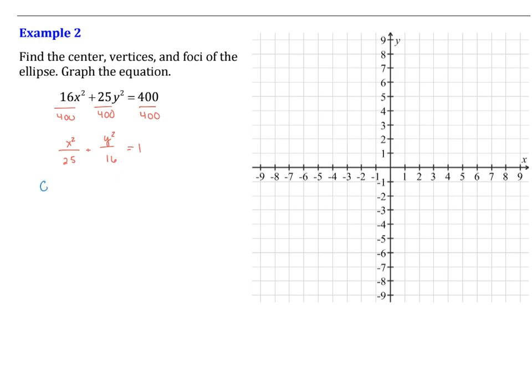So the center is 0, 0. And then from 0, 0, we're going to go 5 units left and right. We're going to go 4 units up and down because 5 squared is 25 and 4 squared is 16. So left and right, 5 units, and up and down, 4 units.